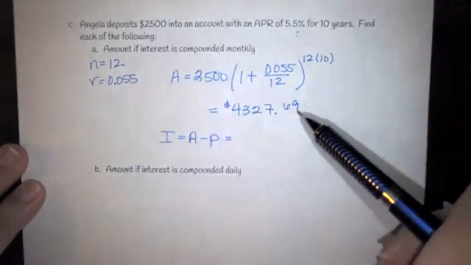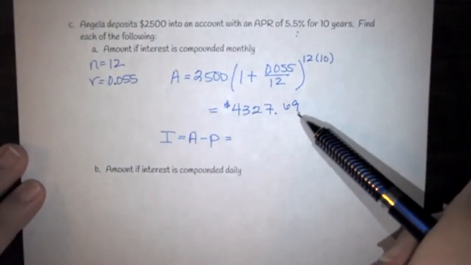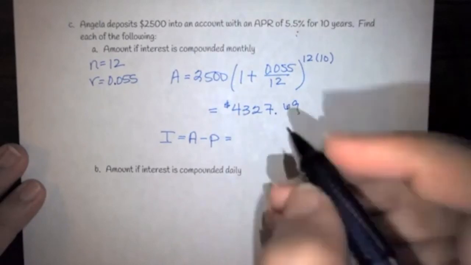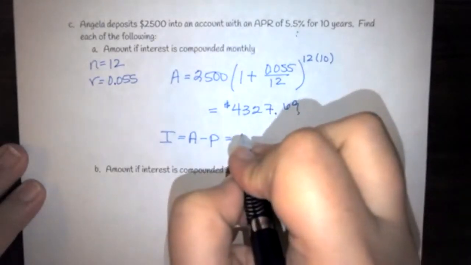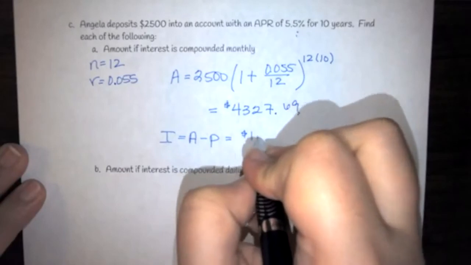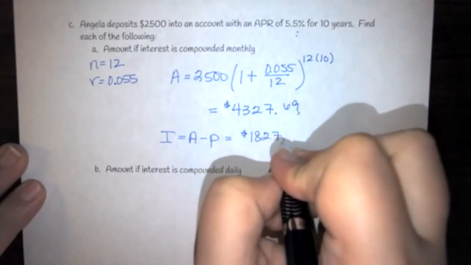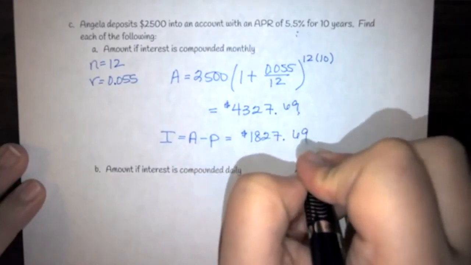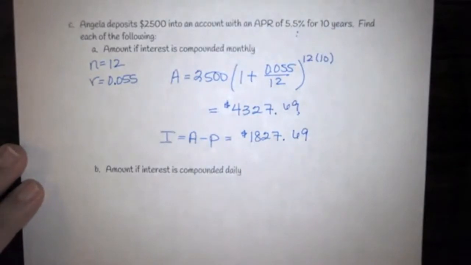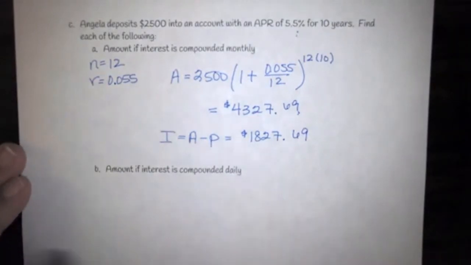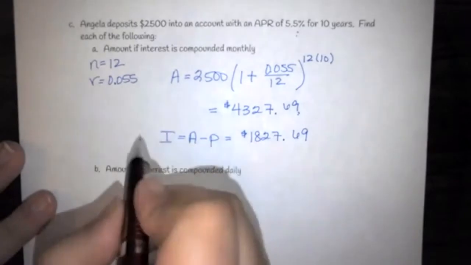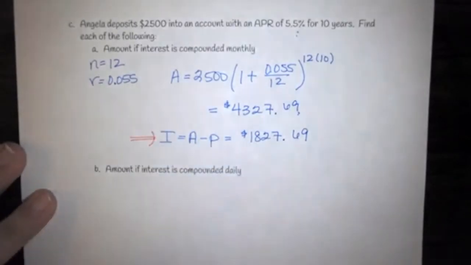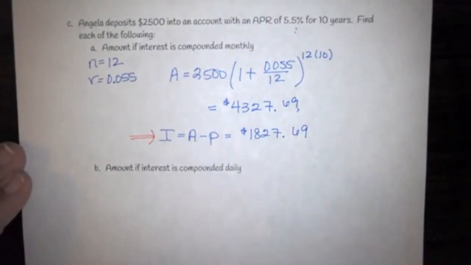So this is going to be $4,327.69 minus my 2,500, which is going to give me a total interest of $1,827.69. Okay. So this part here, the interest, is the actual answer that we are looking for in this problem.